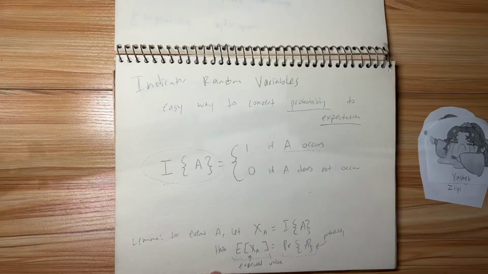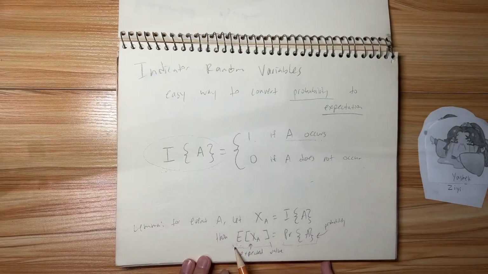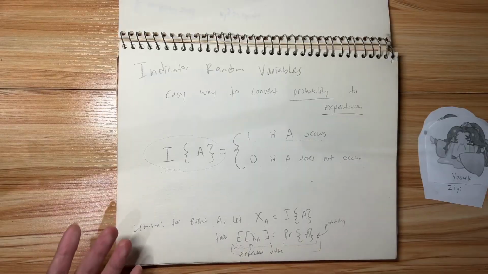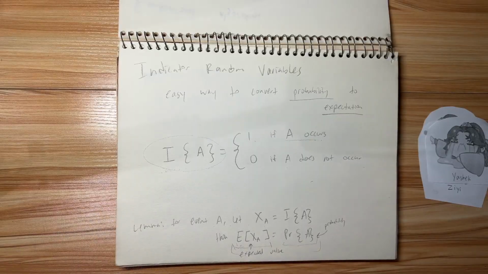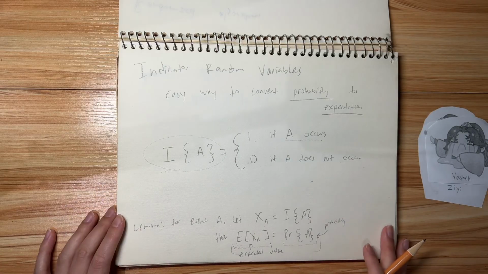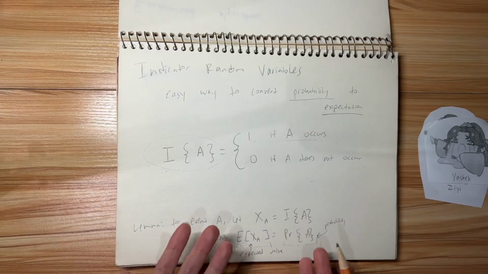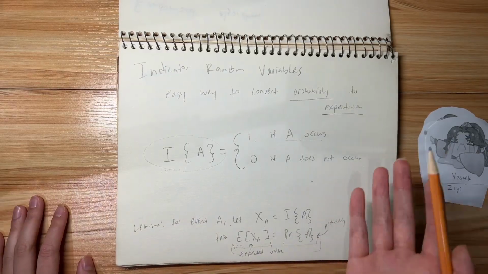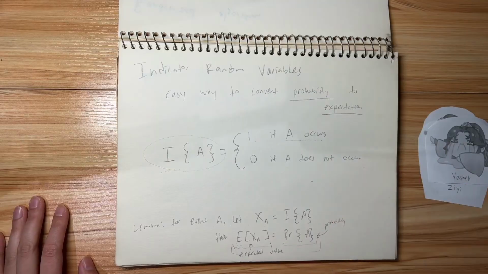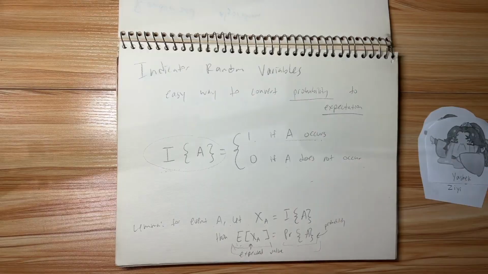Now, if you just look at this specific case, it seems kind of lame because you're like, all right, E is equal to Pr, what is even the point? In this case, it's very trivial: the expectation is equal to probability. No duh. However, in more complicated scenarios, we don't have a singular probability.